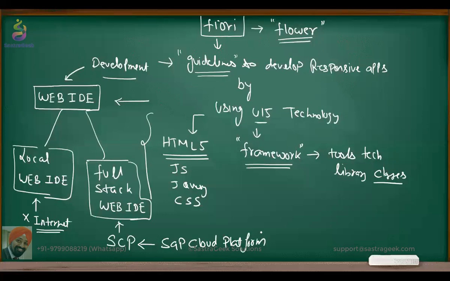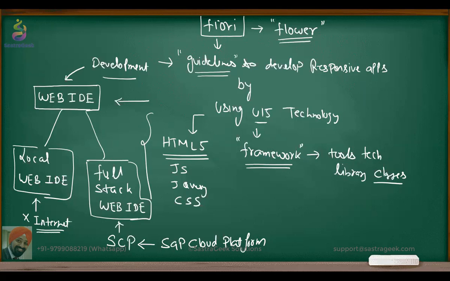You need to link with your system and you would be able to do your developments in the cloud system. The full stack Web IDE has a little bit more functions and features compared to local Web IDE. But for developing a Fiori application, you can also develop a full application using local Web IDE.